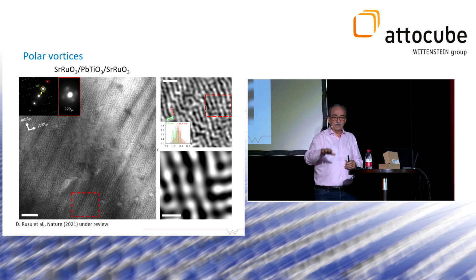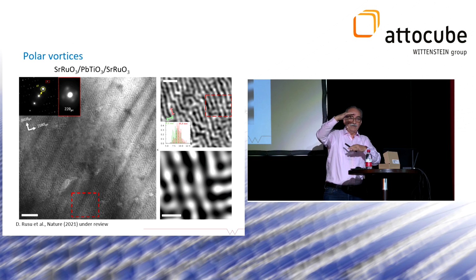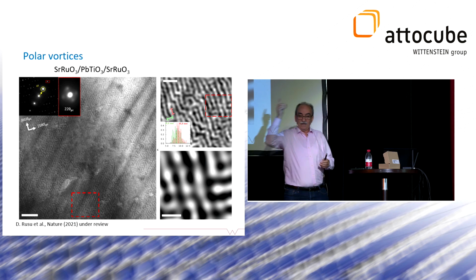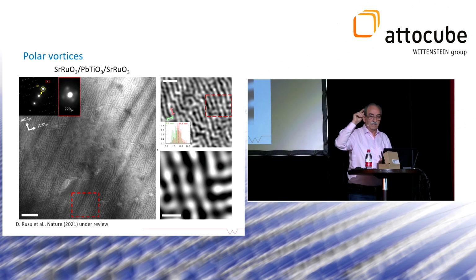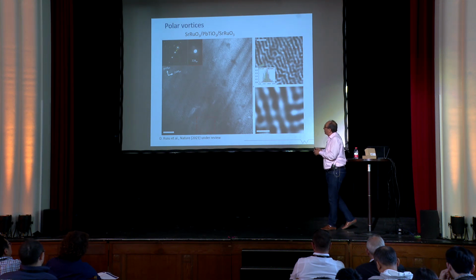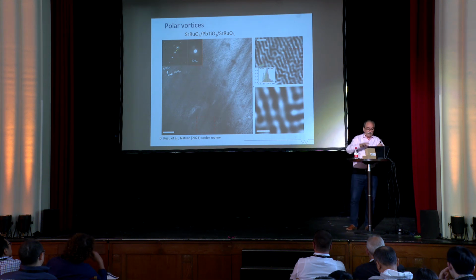So now it's lead titanate between strontium ruthenate, and that's the pattern of the ferroelectric domain. And what you have seen was the pattern of the magnetic domain in the strontium ruthenate on lead titanate. Isn't it odd? So that's probably the same phase, and we have looked into details. I'm not getting into much detail here.